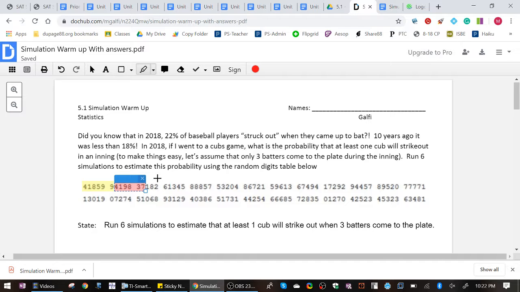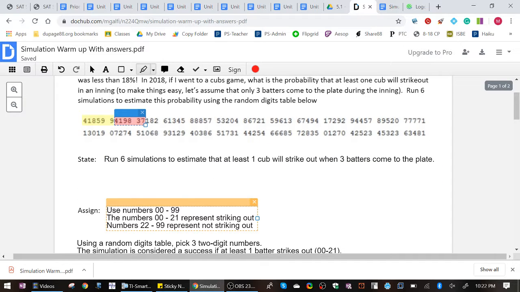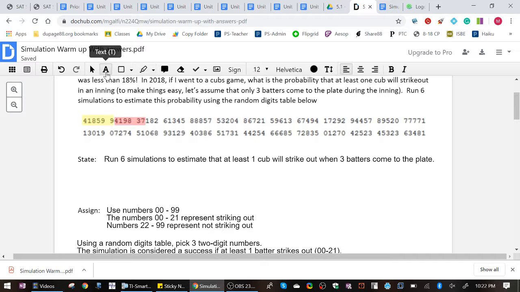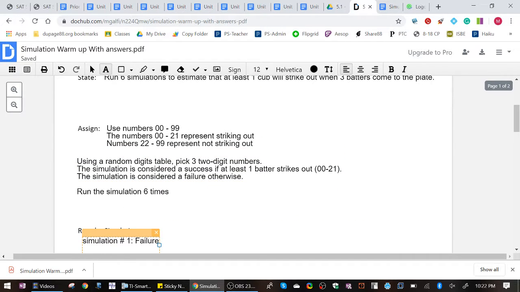If we look, we want at least one person striking out, so we want at least one person between 00 and 21. 41's too big, 98's too big, 37's too big. So nobody struck out during this simulation either. Simulation number 2, a failure as well.